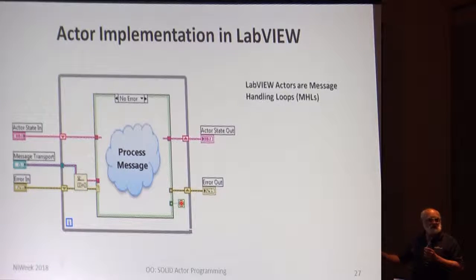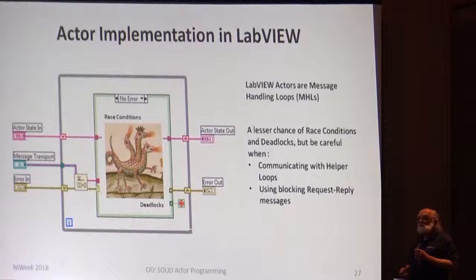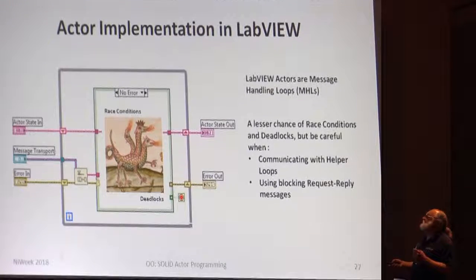So no race conditions, no deadlocks, right? Unless you introduce them inside the actor loop. So we still need to be careful. And things that can introduce deadlocks, for example, are blocking request-reply messages. So you still need to watch for that.